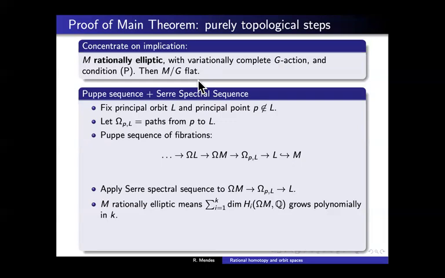According to our alternative definition involving the loop space, the sum of the Betti numbers of the loop space ΩM grows polynomially in k. That's what we're going to use here. We're also going to use the fact that L, our principal orbit, being a compact space, has finite dimensional homology. It's not really about being a homogeneous space.